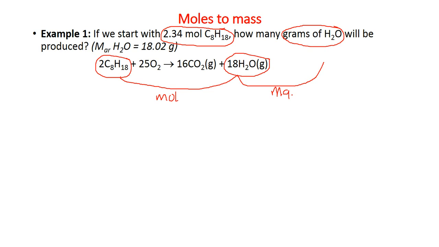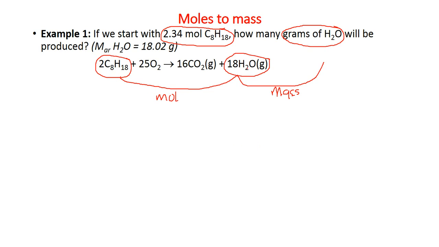So you don't want to just jump from moles of octane all the way to mass of octane. You need to determine the moles of water first before obtaining the mass of water, because once we know the moles of water, we can easily determine the mass of water. So based on this observation, we can see that we have two conversion factors.